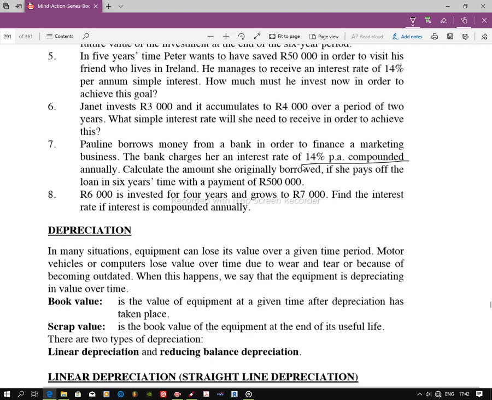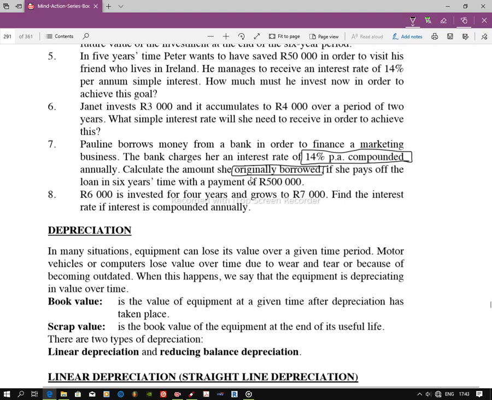And they said calculate the amount she originally borrowed, you understand?